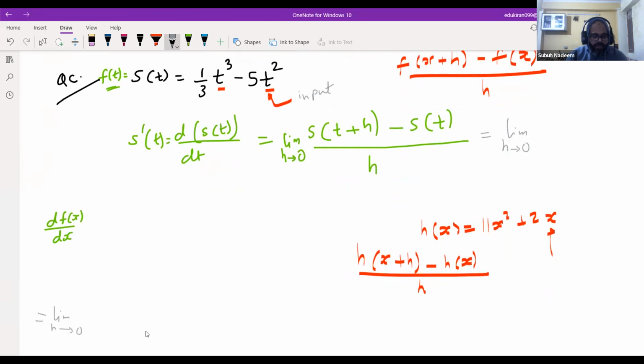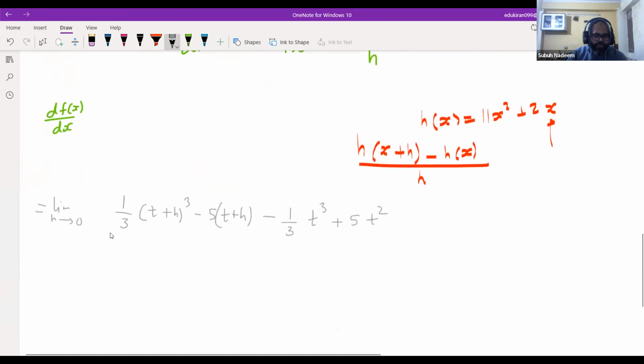It will be 1 by 3 (t plus h) whole cube minus 5 (t plus h) minus 1 by 3 t cube plus 5 t square. This is what we will get here, divided by h.